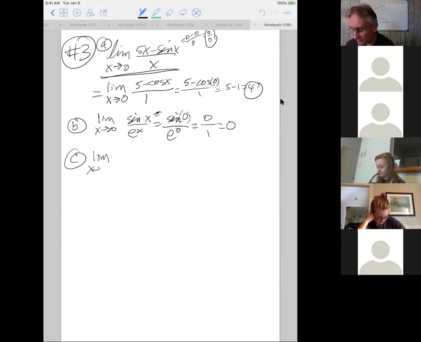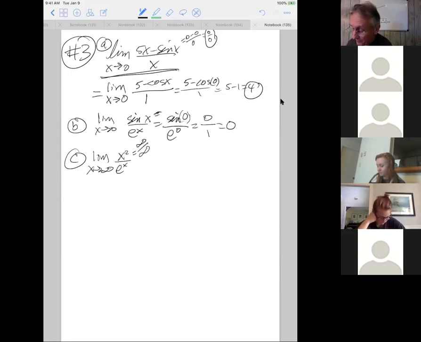Okay. Limit as x goes to infinity of x squared over e to the x. Again, we're running this one to infinity. As x goes to infinity, x squared goes to infinity. As x goes to infinity, e to the x goes to infinity.